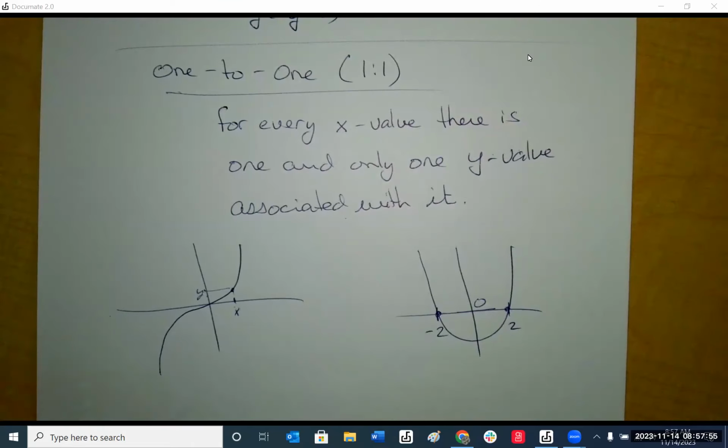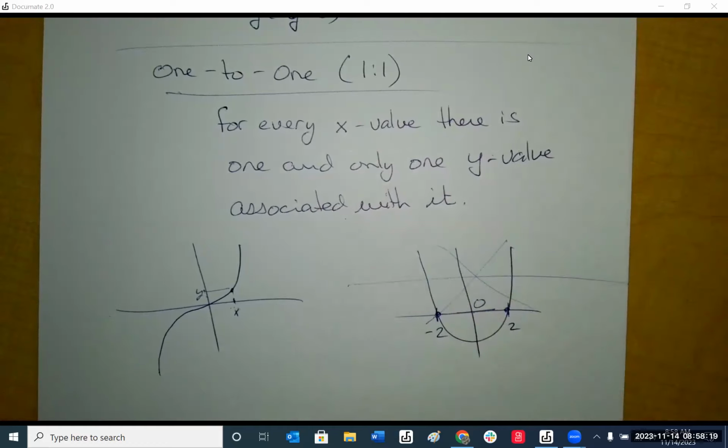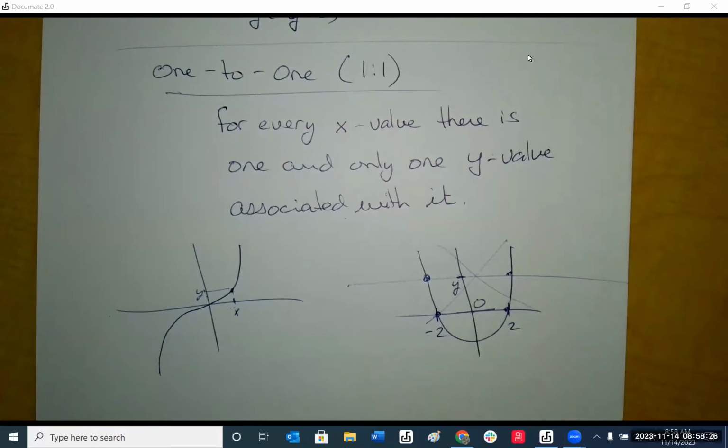Are they unique? No. They don't have a 1-to-1 because for this x, it's 0. For this x, it's 0. It's not 1-to-1. That's why this will not have an inverse. This one will have an inverse because for every x value, there's one and only one y value associated to it, which is what the horizontal line test tells us. They both cannot share the same y value. So that's what that says.